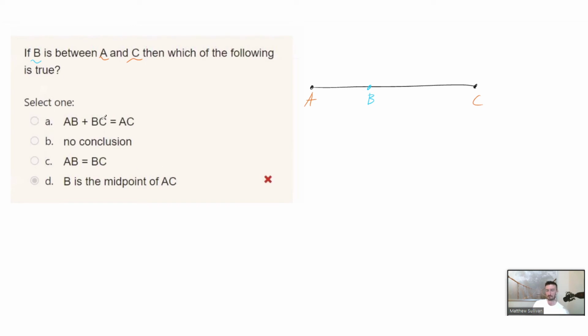No conclusion, right? One of these actually could work. Well, the first one's the segment addition postulate, but oh yeah, okay, it's the first one. There you go. Okay, I get it now.